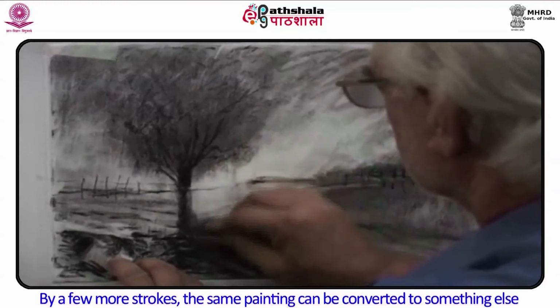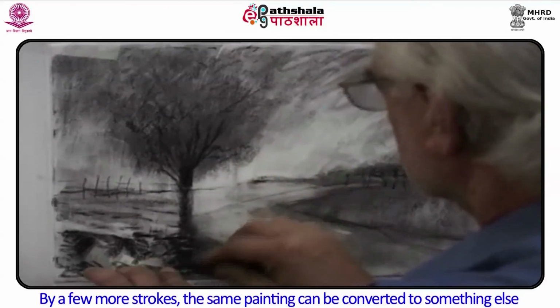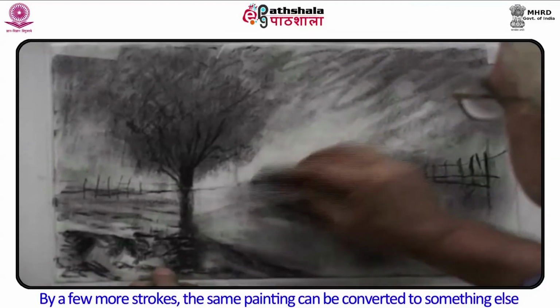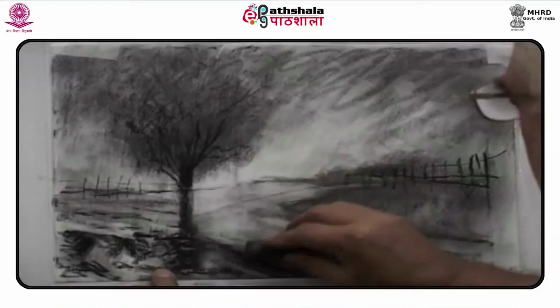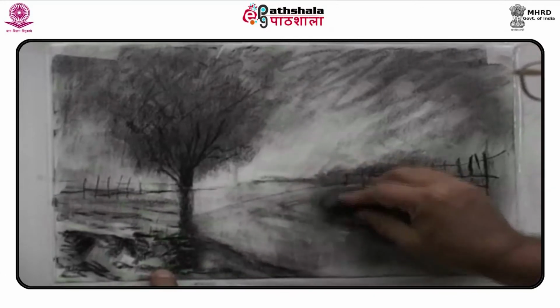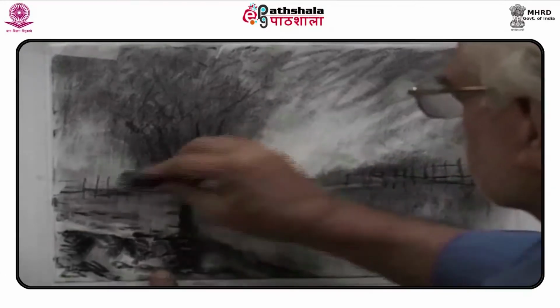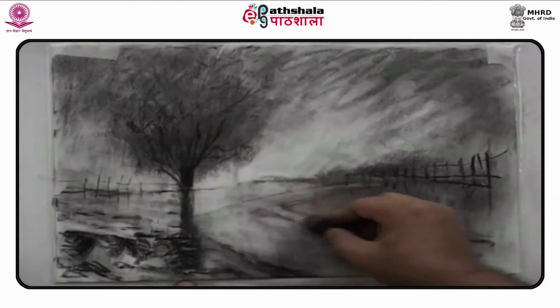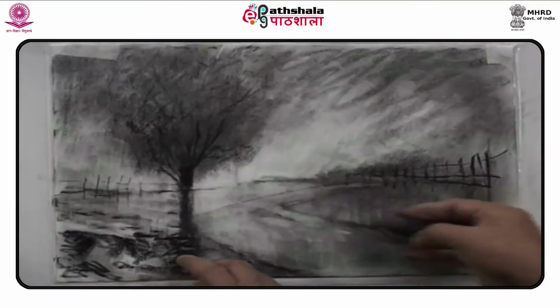By a few more strokes, the same painting can be converted to something else, where the line of the road is erased and the whole shape is now turned into a water body. A few vertical strokes are creating reflections in water.